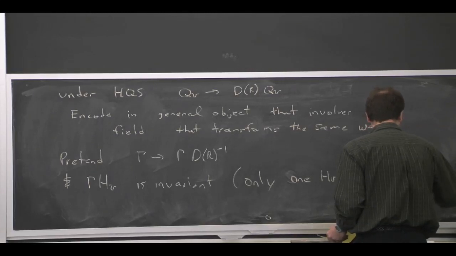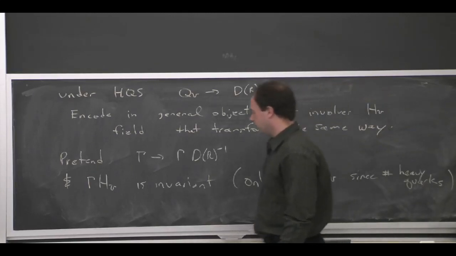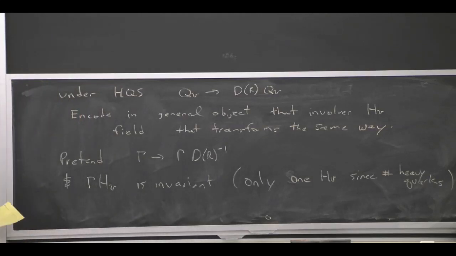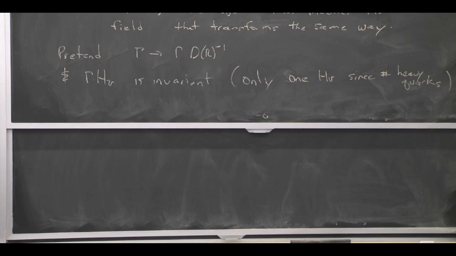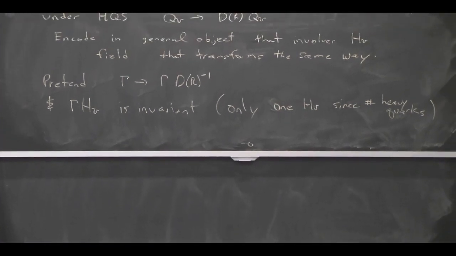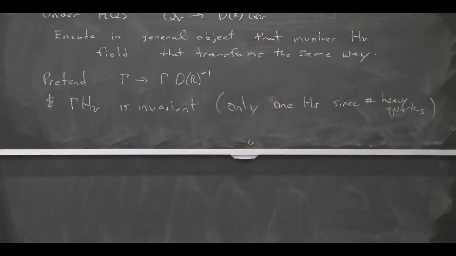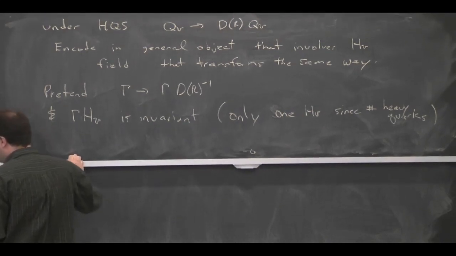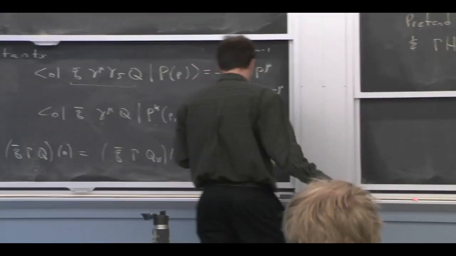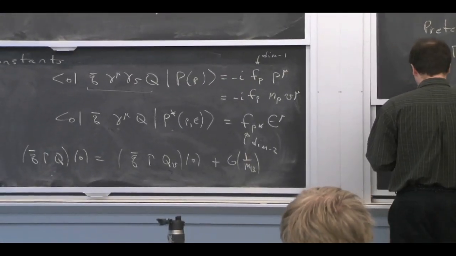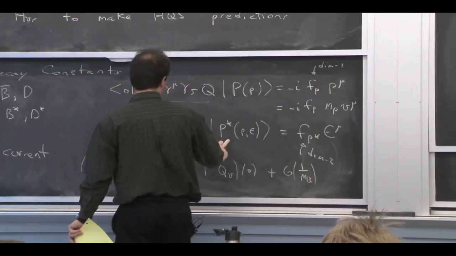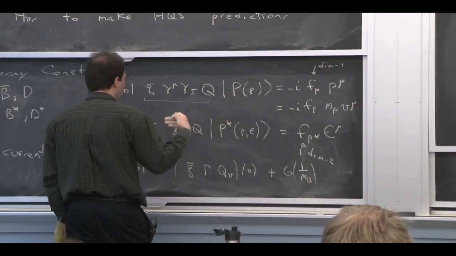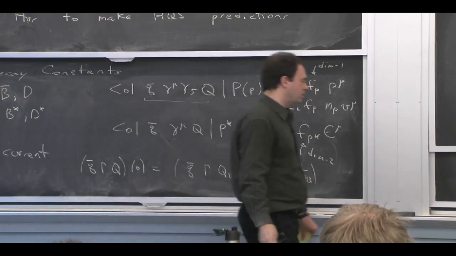And then the other thing that transforms is gamma. And so then we can form an invariant, which is gamma H. So then, if you look at this thing, and then the sandwiching with this guy, this guy's got a vector index and this guy's got a scalar index, but that's all encoded in our H_v field, right?